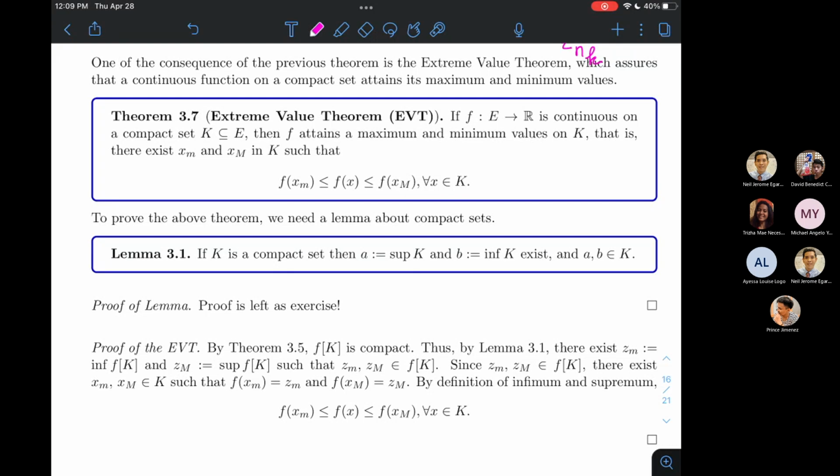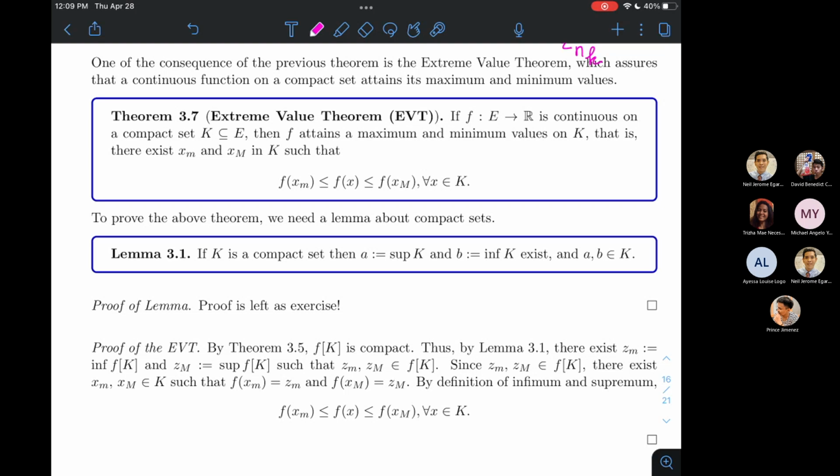So that's the thing. Pero dito mas generic yung titingnan natin kasi hindi lang pala necessarily sa closed interval siya nangyayari, right? So yung EVT ay totoo sa kahit na anong compact set. Yun nga lang nagkataon ng pinakamadaling example ng mga compact sets ay yung mga closed intervals kasi sila ay closed and bounded. But any set that is closed and bounded is compact, so mag-hold pa rin yung extreme value theorem sa kanila.